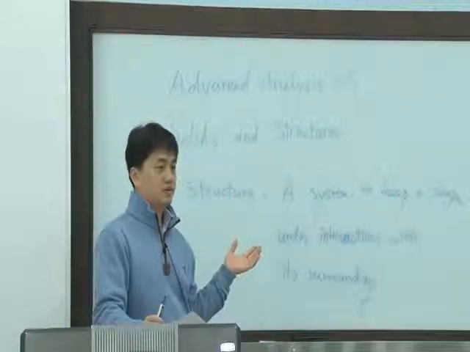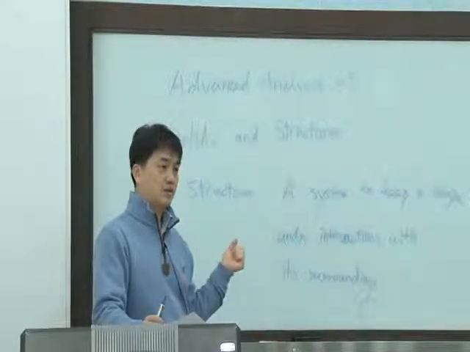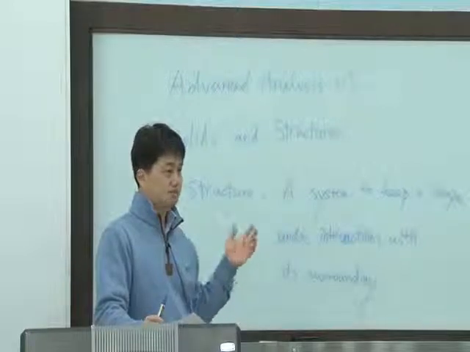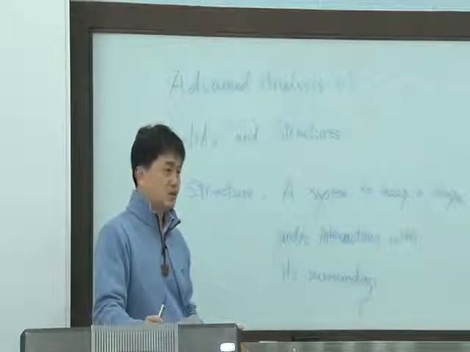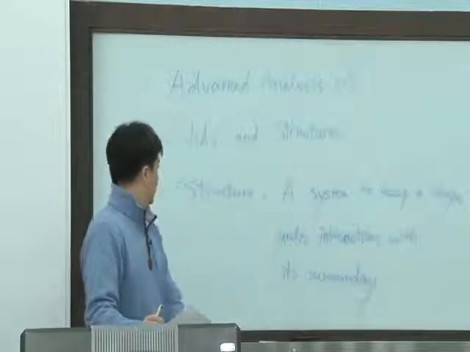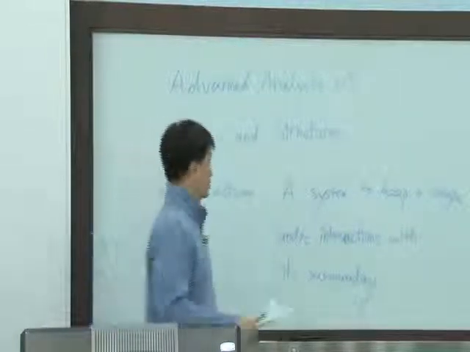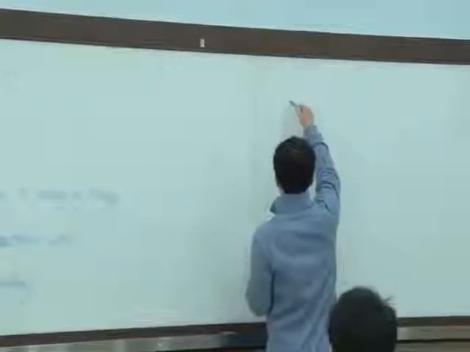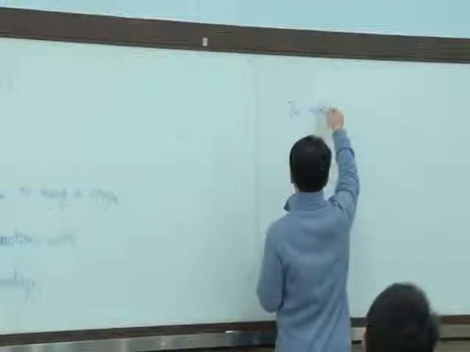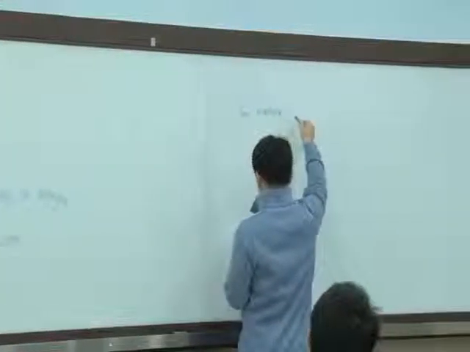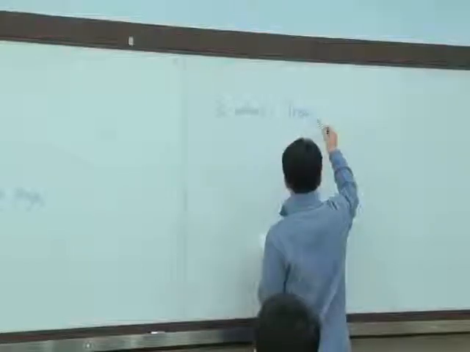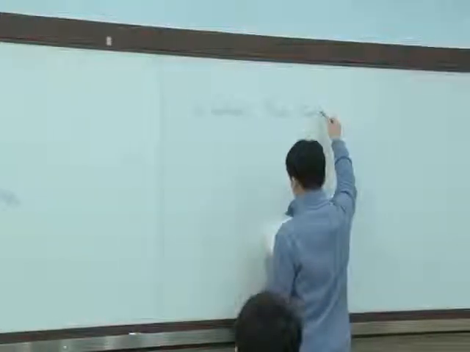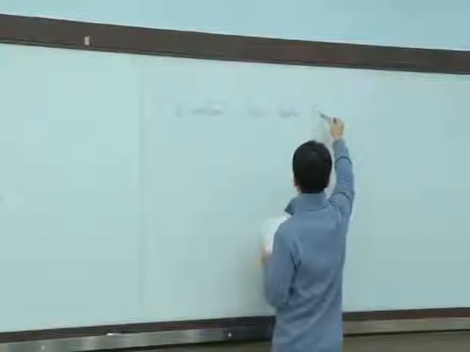For example, wind, wave, and other kinds of external force, right? So in nature, we have structures: a tree, a cell, a body, and the earth.